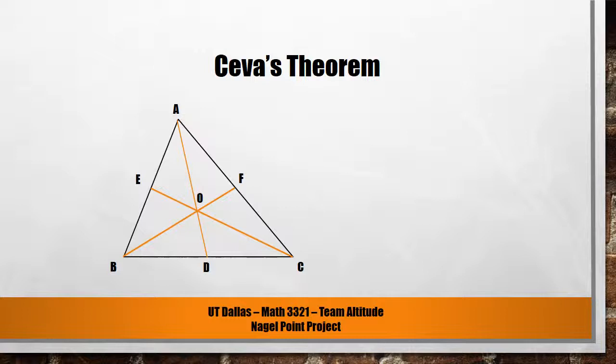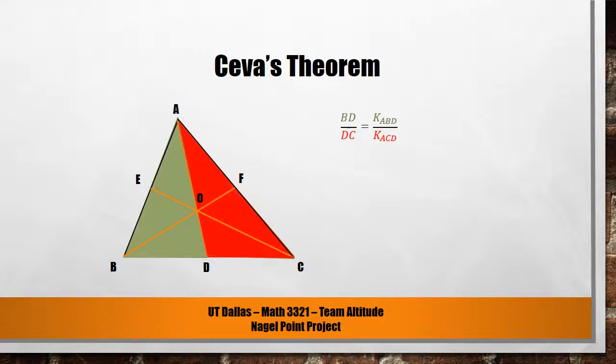Let's go back to the original diagram here. As I proved in the previous slide, BD divided by DC equals the area of ABD divided by the area of ACD. But they also equal the area of OBD divided by the area of OCD, because those two triangles are proportional to their bases with the same height.